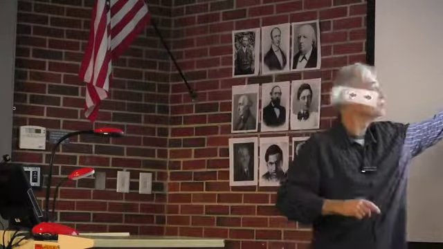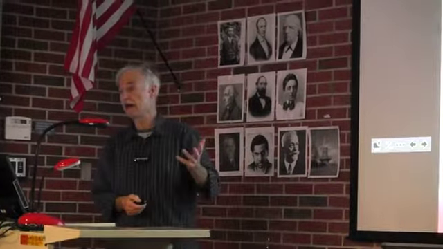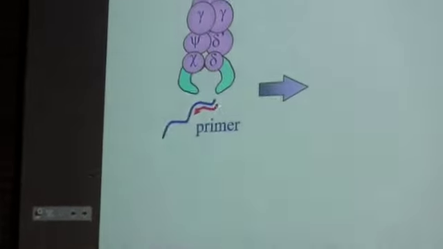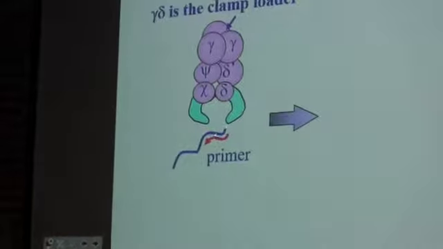So the clamp actually first binds around that new primer and the template. So it's really binding at first around a DNA-RNA hybrid. It has the potential to bind around a DNA duplex. But what actually happens in replication is the clamp is assembled around the primer.